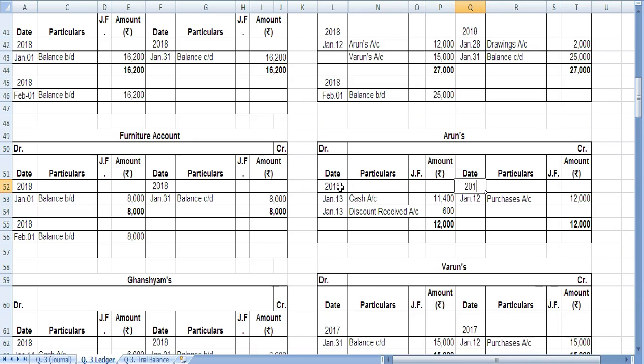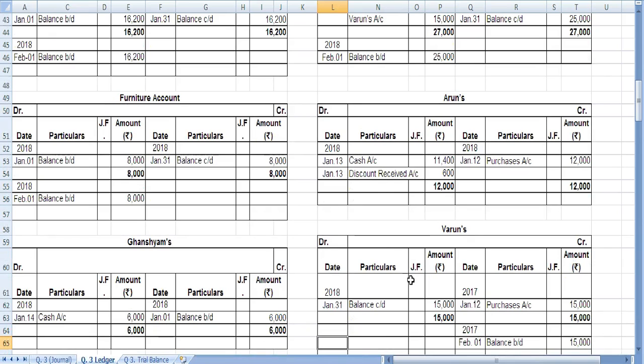So here we have Varun. Varun, we have bought purchases of 15,000, and there was no payment, nothing done. So to balance this side, we have to add the same amount. Balance CD will come as 15,000.